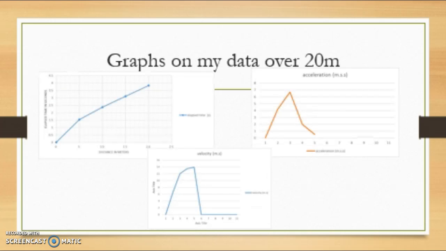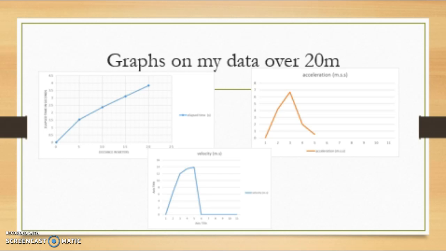So looking at graphs of my data over 20 meters, it's so small. The top left one is distance, I believe that's speed, that's how fast I was travelling over 20 meters. The top right one was calculating my acceleration, and the bottom one's calculating my velocity.